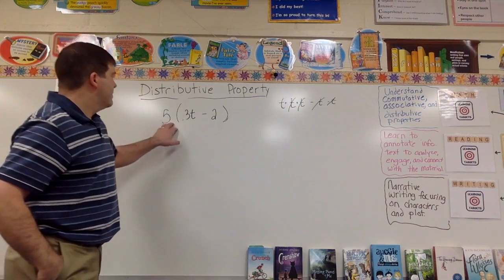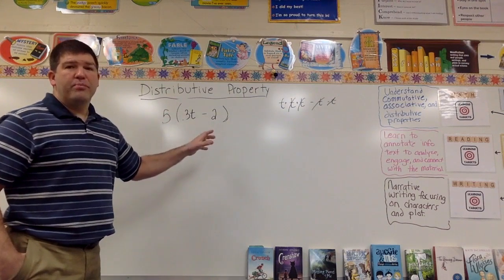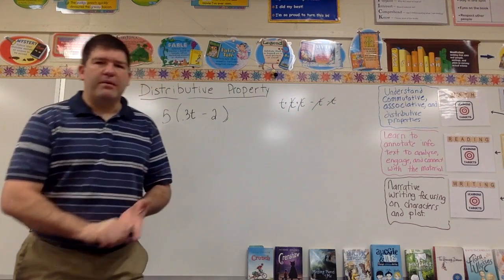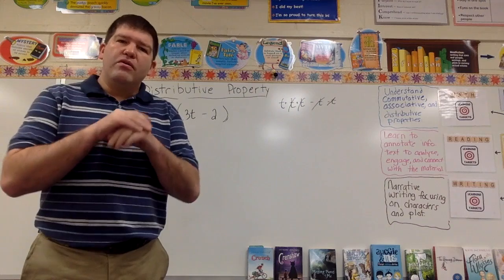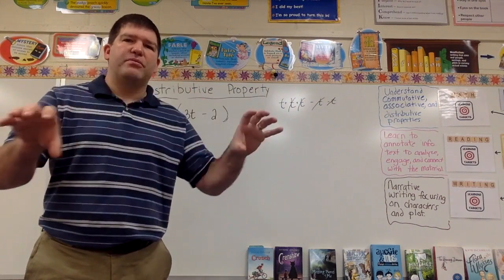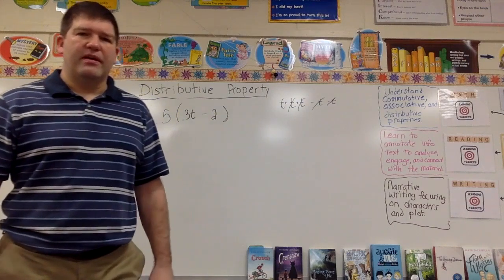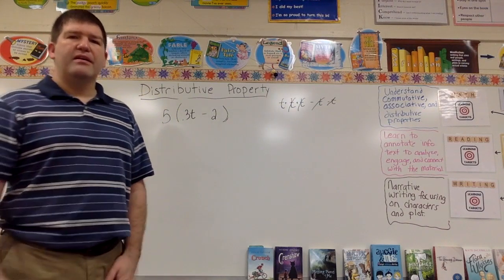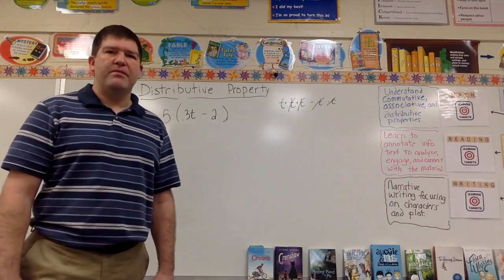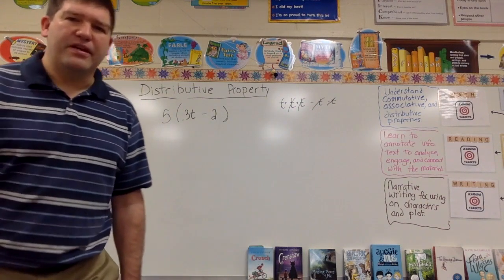But do this and then show me you know how to distribute this out. Okay? So 2 problems, one with no variables and one with variables. Write the problem, distribute it out for me, and then you can simplify it so I can see that you understand this whole distributive property idea. Okay? If you have any questions, come see me. We'll talk it through and we'll figure it out together.